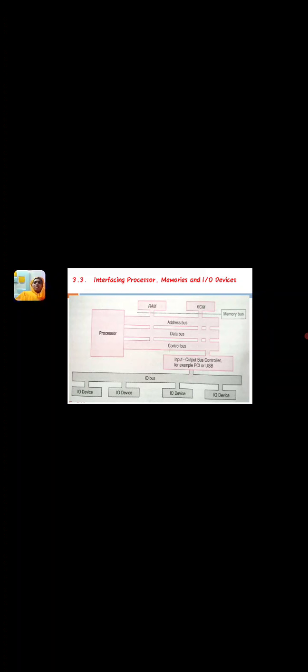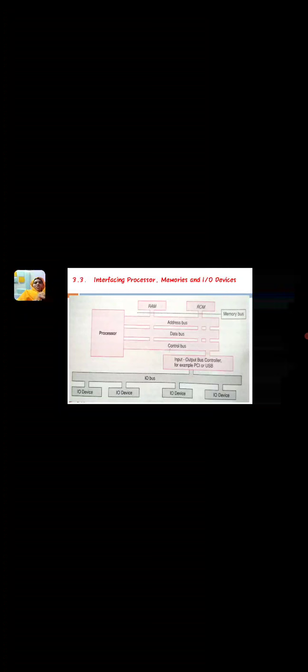Serial. The processor is parallel. So the processor is very fast and its data is in word size, and it performs multiple tasks. Coming to peripherals, they are very slow compared to the processor, their data is in 8 bits, and they are serial, one by one.